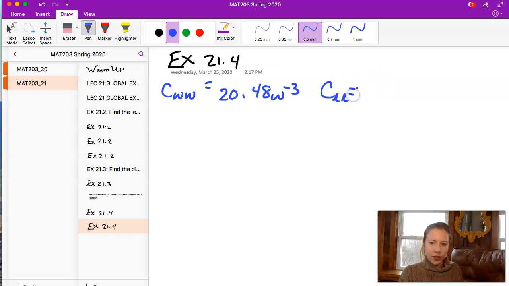C_LL is going to be 20.48 L to the minus 3. And C_LW is going to be 0.04.